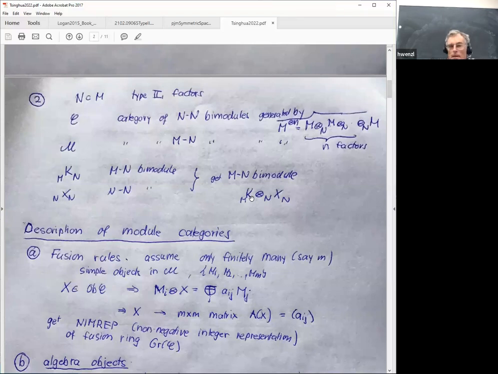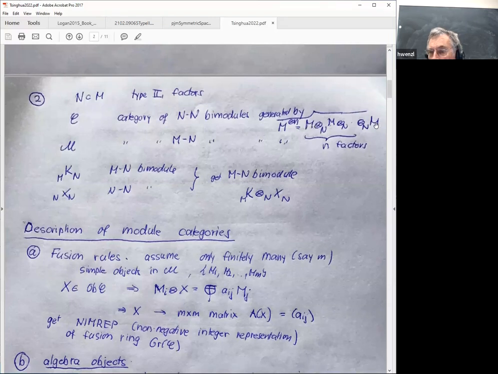And of course, coming from subfactors, there's also a standard example for an embedding of type II_1 factors, could also be type III_1 factors or more general. If we have this embedding N in M, then we can form tensor powers of M over N. We take the nth tensor power by taking the tensor product of M over the subfactor N. C is then the category of N-N bimodules generated by such tensor powers, and the module category is the category of M-N bimodules.